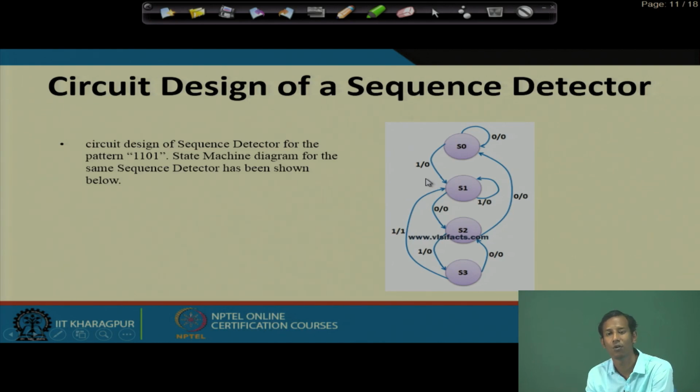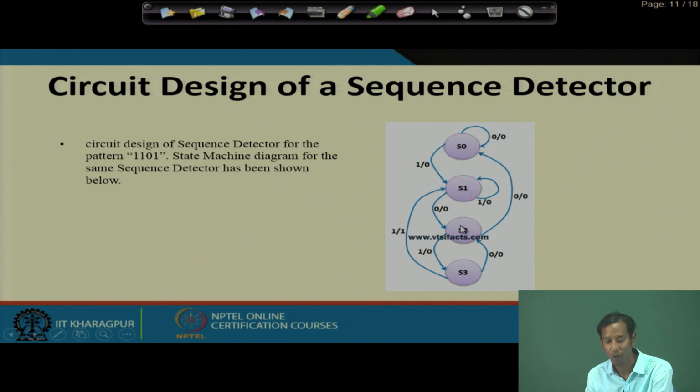If it finds 0, there is a match with the pattern, so it goes to the next state, S2. Then in S2, if I find 1, it goes to S3.